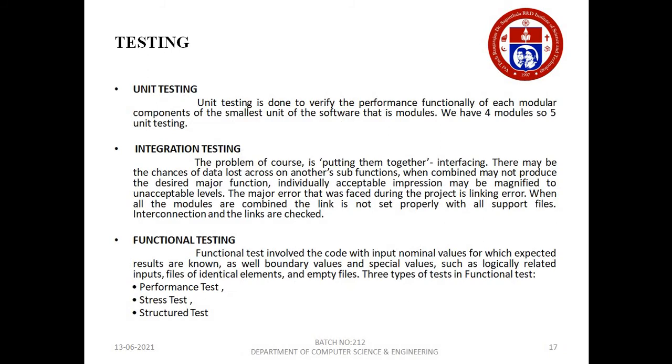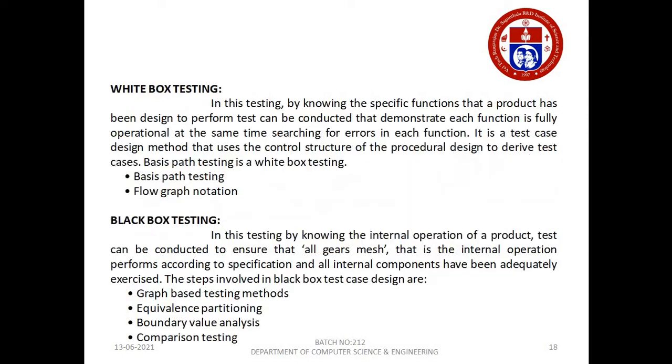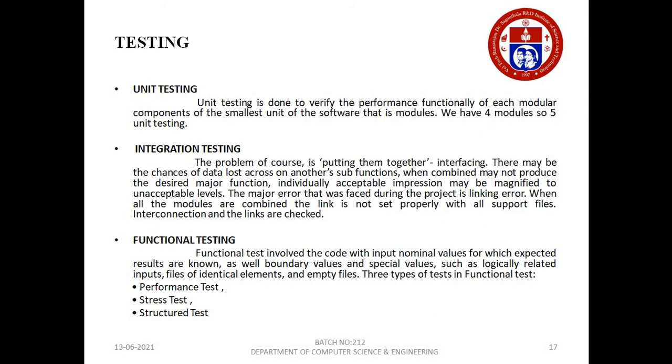And next, testing. We have a total of 5 types of testing. One is unit testing, second is integration testing, third is functional testing, fourth is white box testing, fifth is black box testing. First we will see what unit testing is. Unit testing is where we execute a block of code and check whether that code is executing right or not, or whether it is throwing any errors.